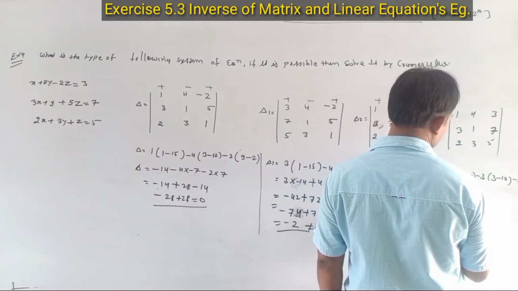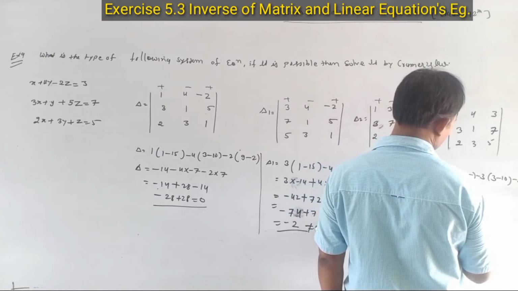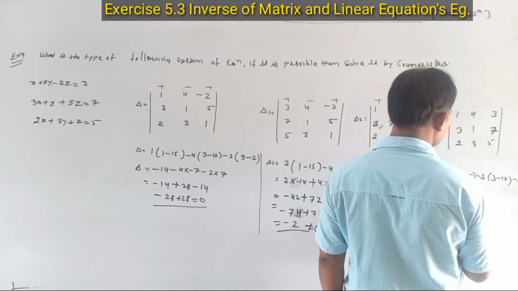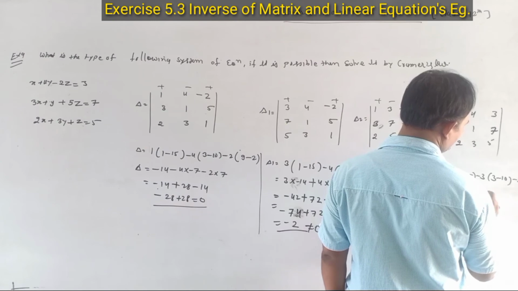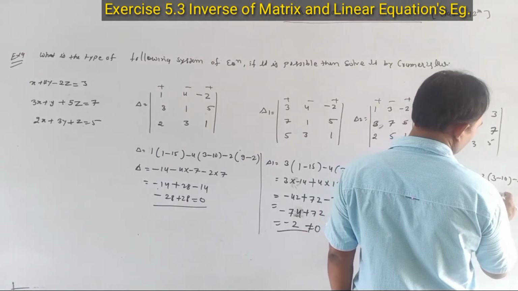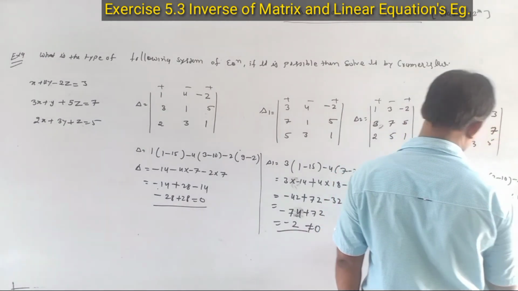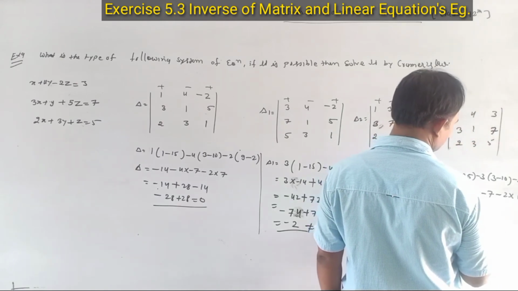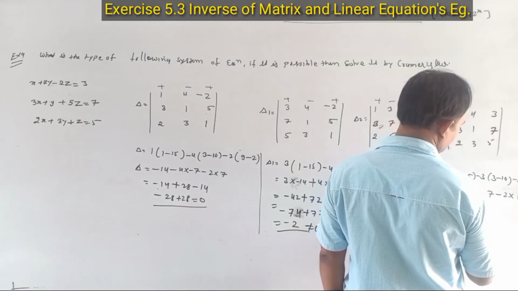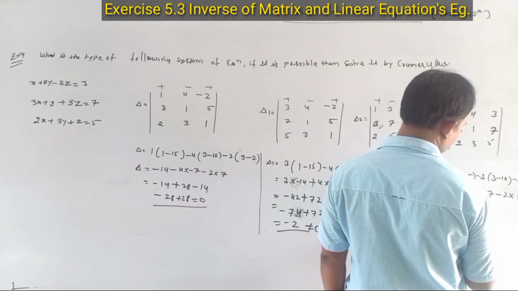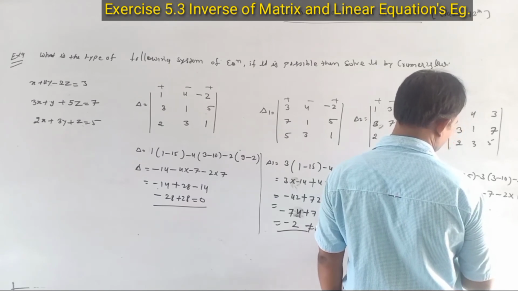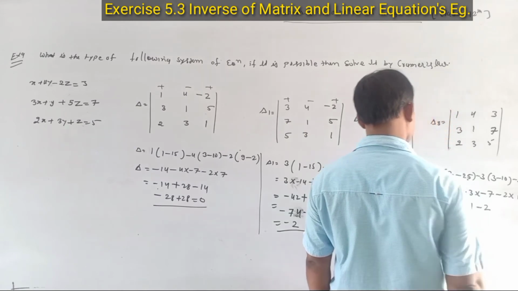Okay, so delta 2 equals minus 18 minus 3 into minus 7 minus 2 into 1, so it is minus 18 plus 21 minus 2, so it is minus 20 plus 21, so we can say that it is 1, not equal to 0.